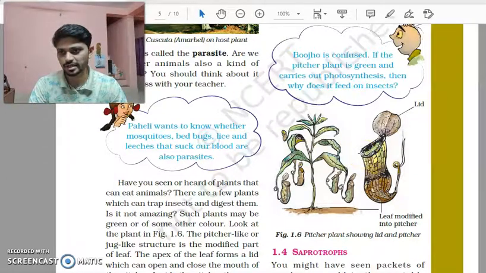As you can see, this is a jar like structure, and there is this lid. When an insect lies within this jar, the lid gets closed, the insect is trapped, and with the help of the digestive juices, the plant is able to get the nutrients from this insect. So these are insectivorous plants.